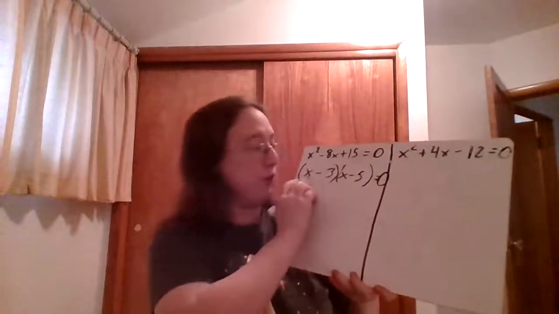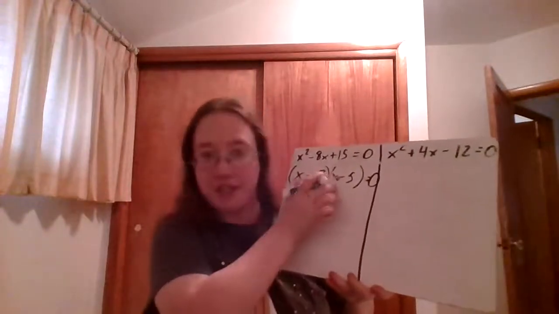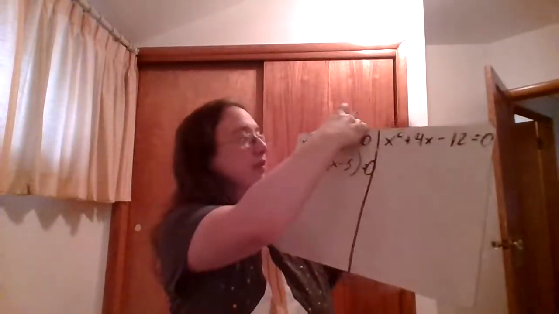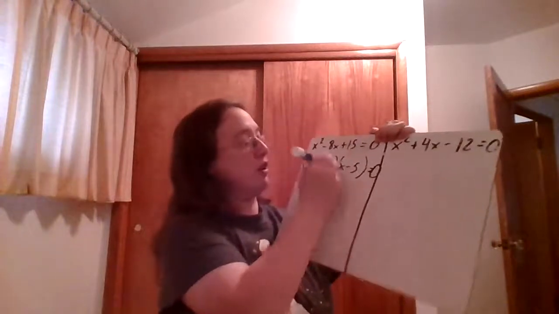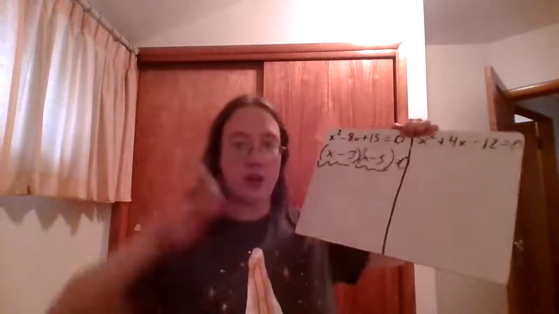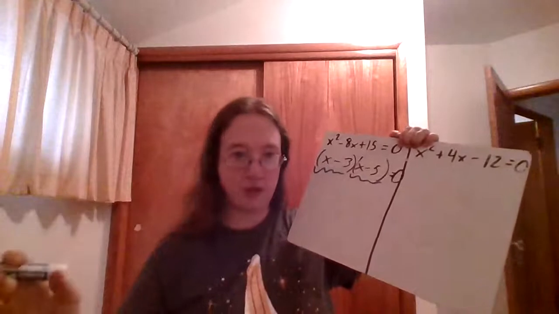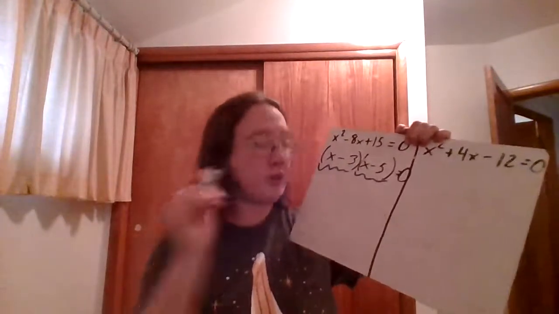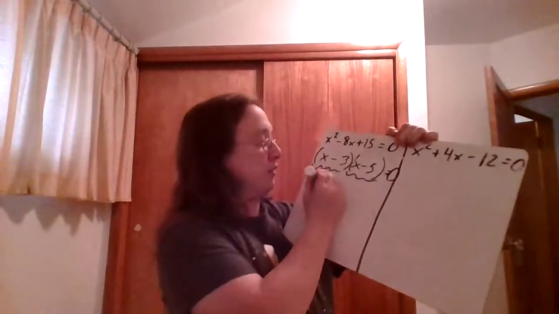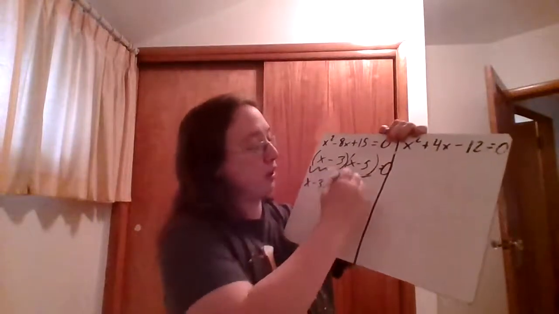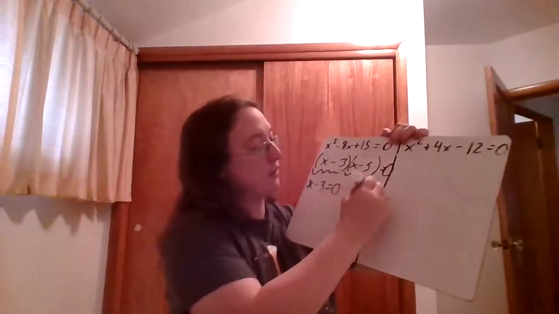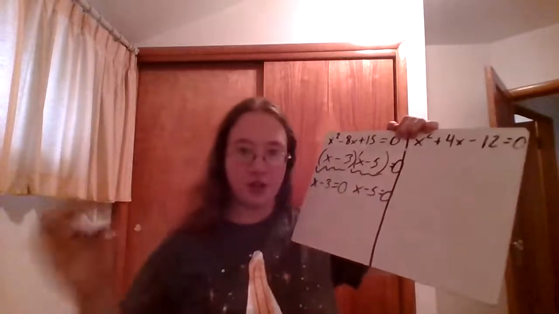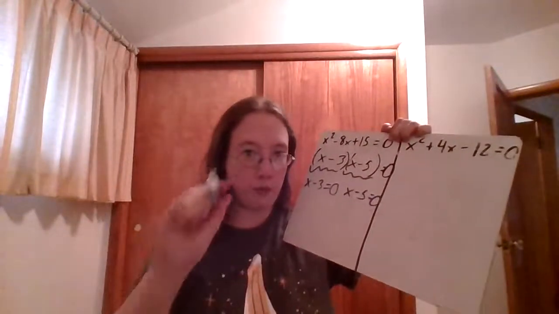So if this whole thing, this times this, has to equal 0, either this one is 0, or this one is 0. One or the other has to be 0, because that's the only way you get things to multiply to 0. So either x minus 3 equals 0, or x minus 5 equals 0. So one or the other, we're going to solve both of those.